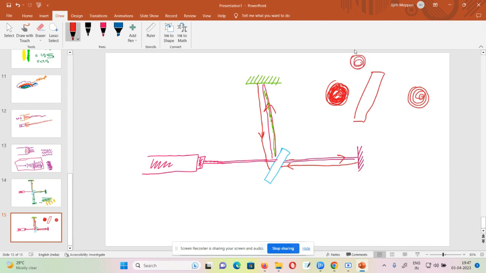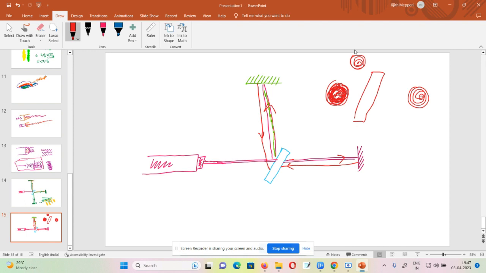So it splits that single monochromatic light into lesser intensities. Think that 100 photons are coming. The beam splitter will allow 50 photons to transmit and 50 photons to reflect.